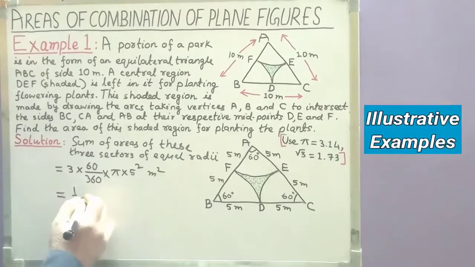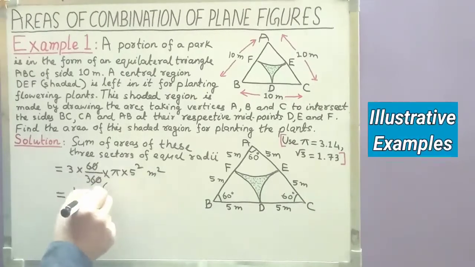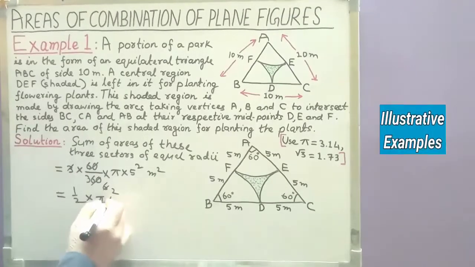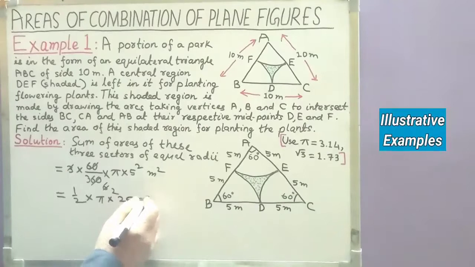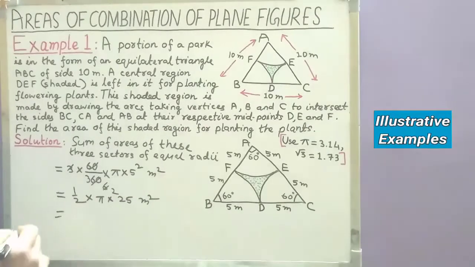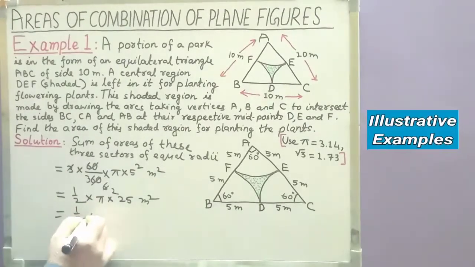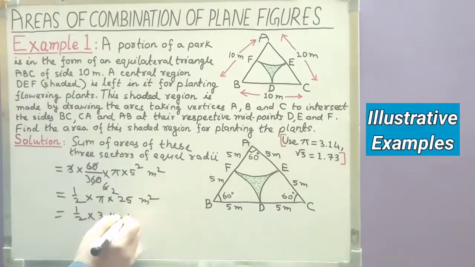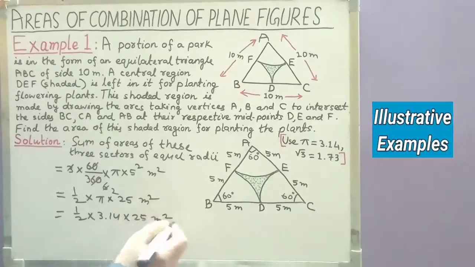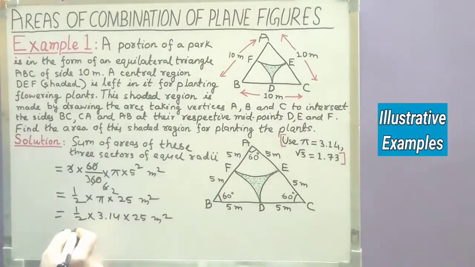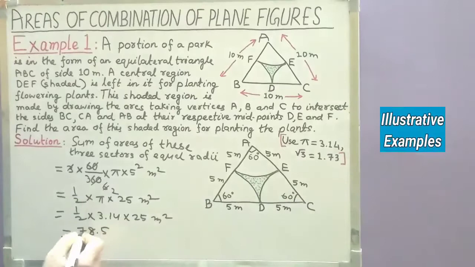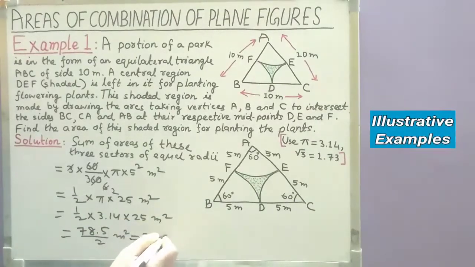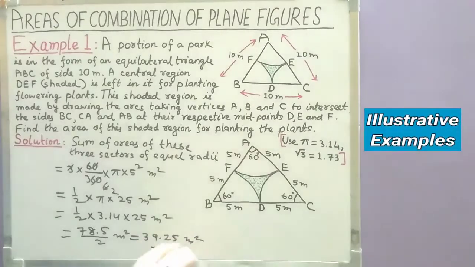On simplifying, we get half into pi into 25 meter square. That equals half pi, it is given as 3.14. So half into 3.14 into 25 meter square. That equals 78.5 by 2 meter square. That equals 39.25 meter square.